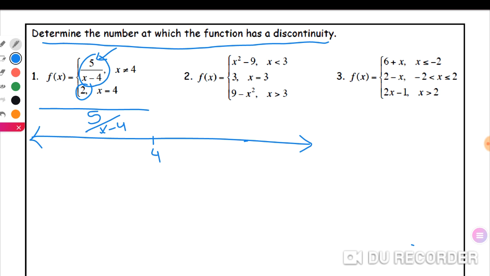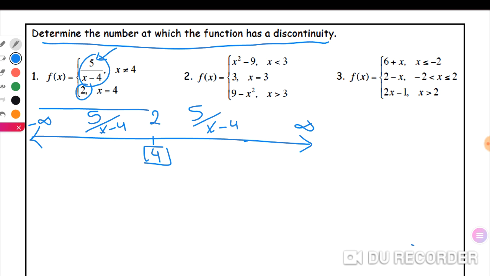When x is not equal to 4, here 5 over x minus 4. But when x is over the entire number line, from negative infinity to infinity, f of x will be 2 when x equals 4.